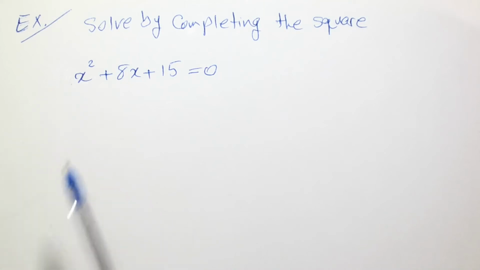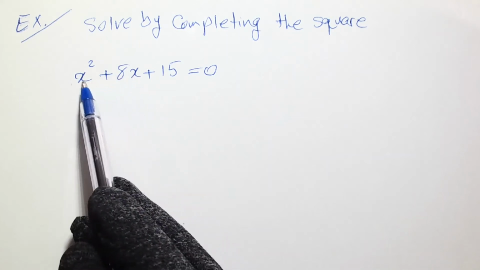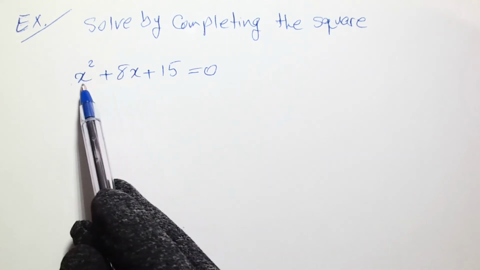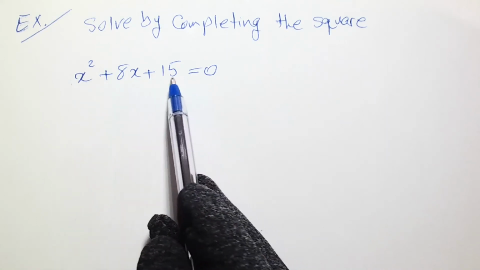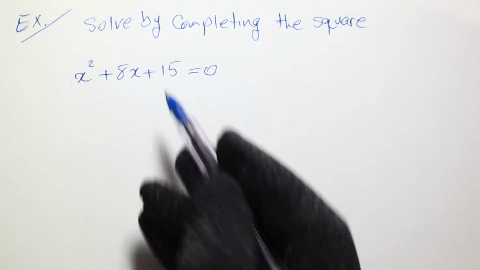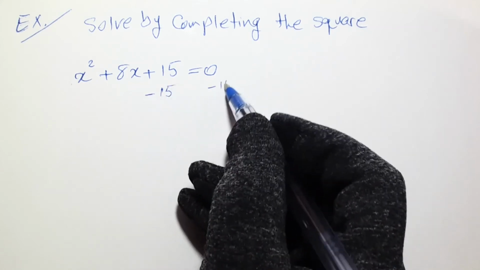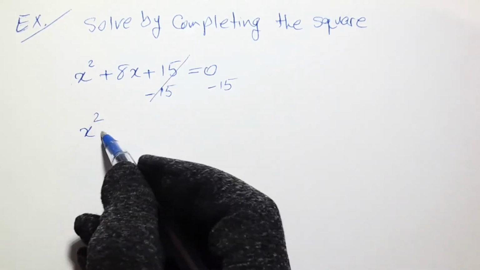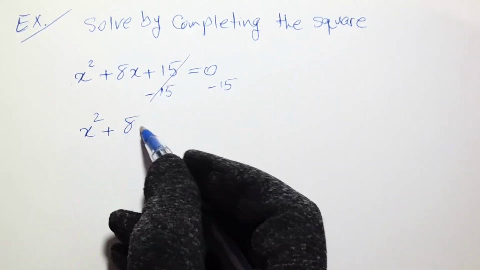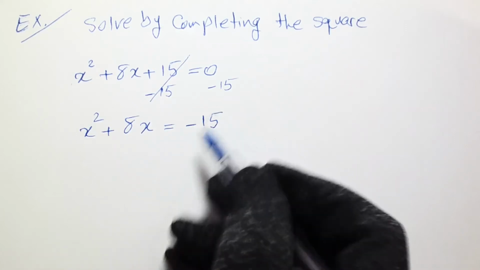Now, step 2, we have 2 terms that have x. X means variable. So we keep these 2 terms on the left side and we move the constant to the other side. So I subtract 15, and I have x squared plus 8x equals negative 15.